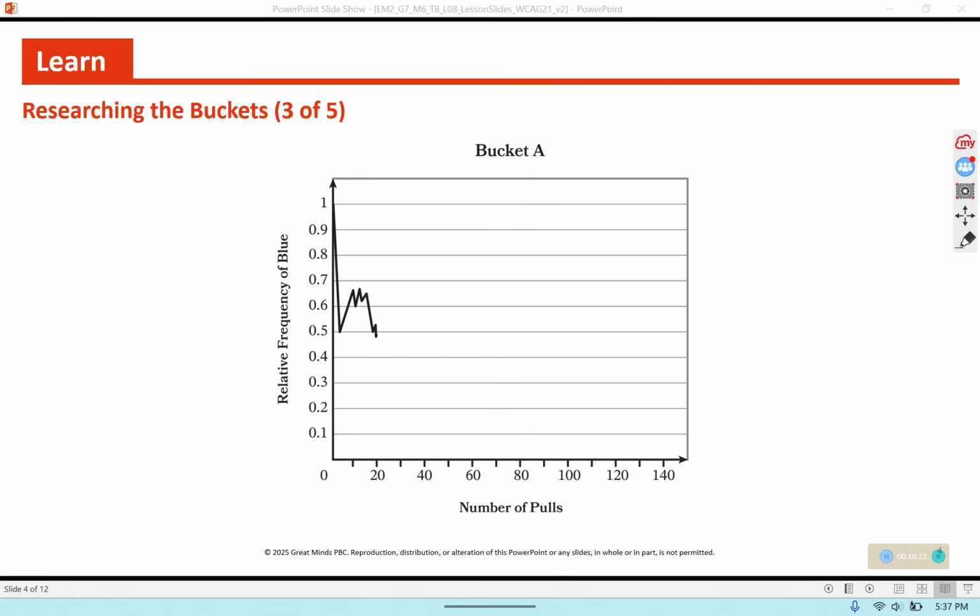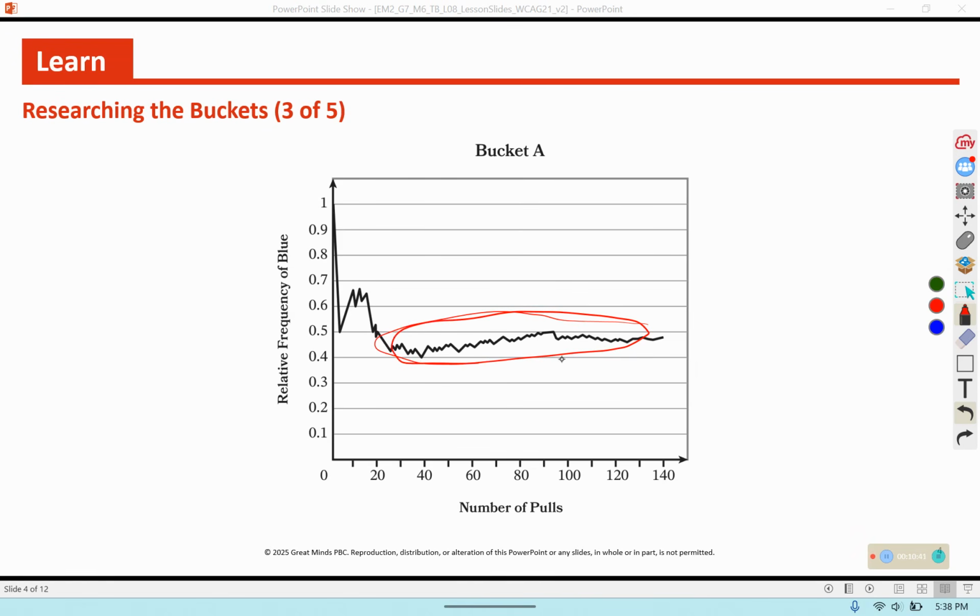Here you can see what would happen if we selected 20 from bag A. 50? 140? So you can see that these are all hovering right around that half mark.